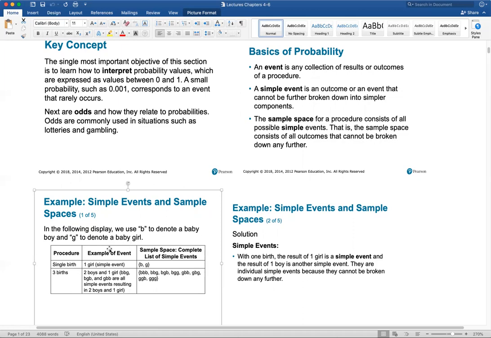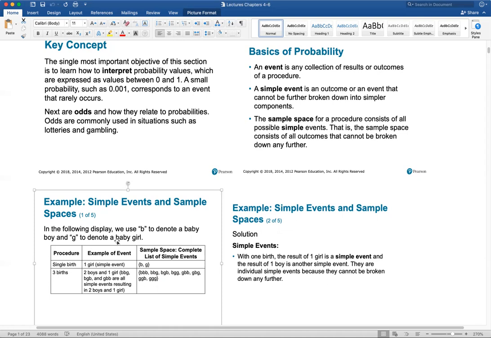For example, we want to figure out the probability that a certain married couple has a girl.